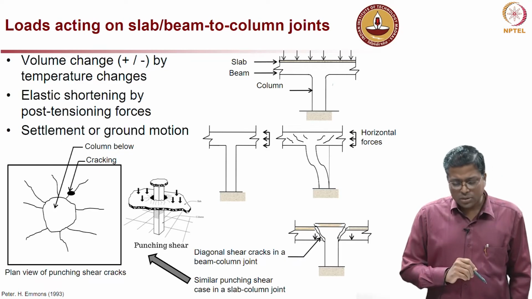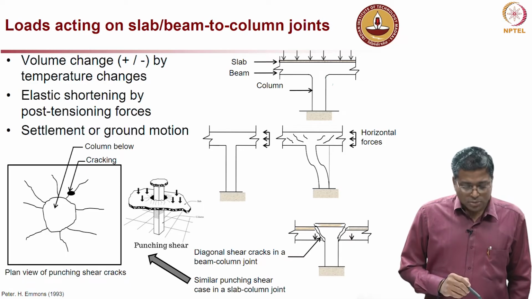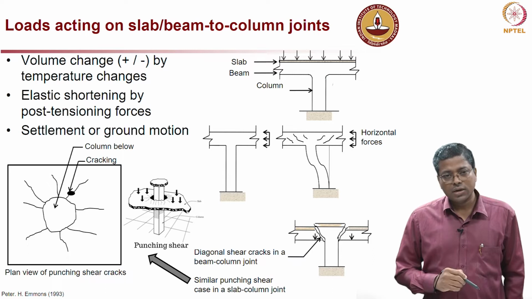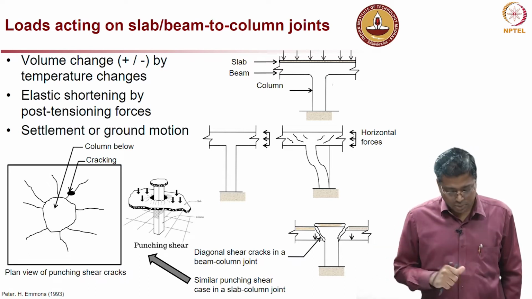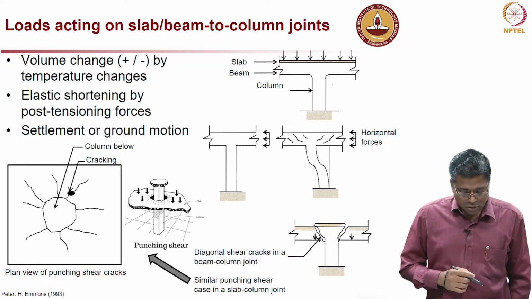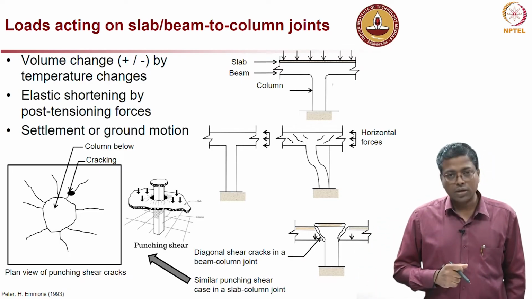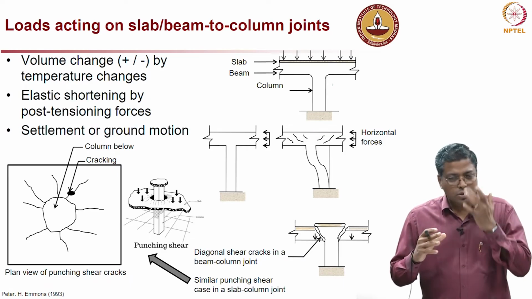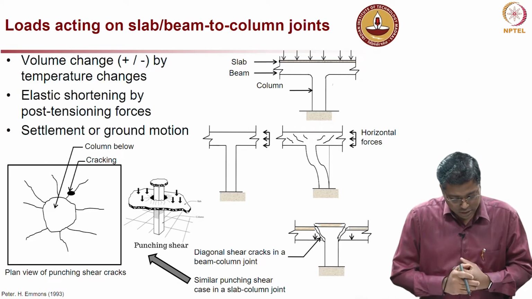Now, loads acting on slab or beam to column joints. Volume change might be possible when there are changes in temperature from one point on the element to another, or if there is an overall change in temperature, and this might lead to differential stress, to generation of stresses at various points on the structural members.